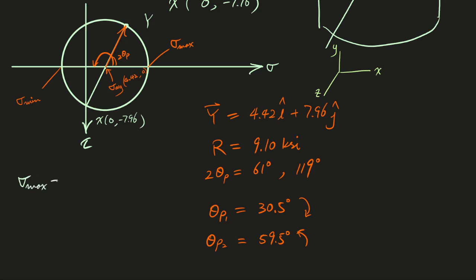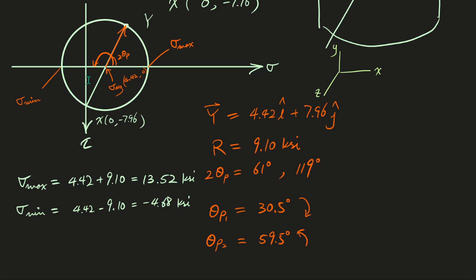Sigma max, by looking at this graph, is sigma average plus the R, so 4.42 plus R, which happened to be 9.10. That will get you 13.52. Did I do that mental math correctly? Yep. Sigma min will be 4.42 minus R, which is 9.1, and that'll get you negative 4.86. Both are KSIs.